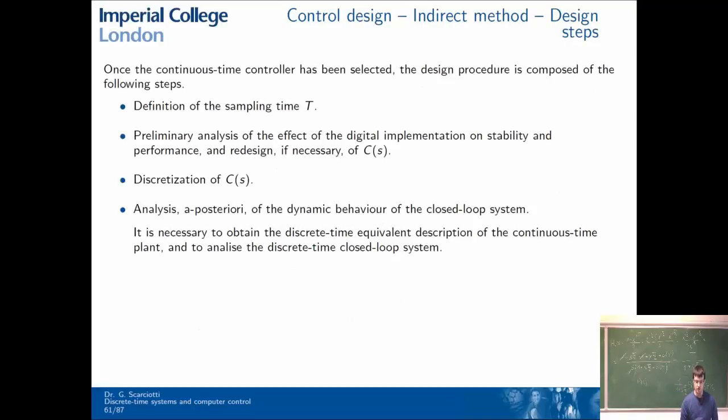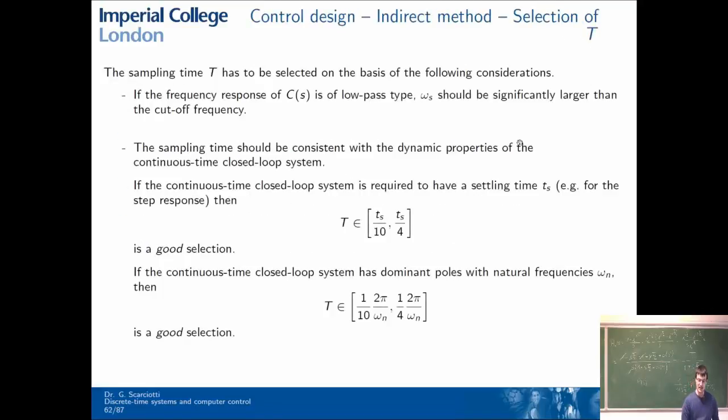Let's now focus on two steps, and the two steps are the selection of the sampling time and then the discretization of C of S. So for the selection of the sampling time, there are some rules of thumb basically. So these rules are there because they work, okay? In general, you can select the sampling time using these rules.